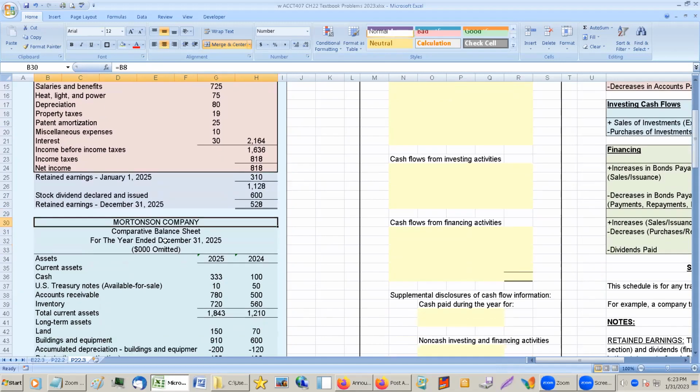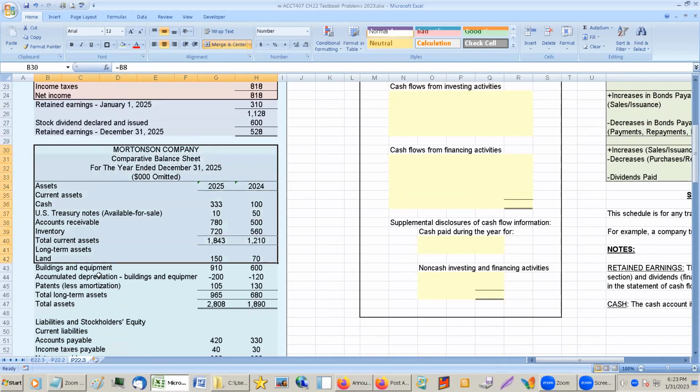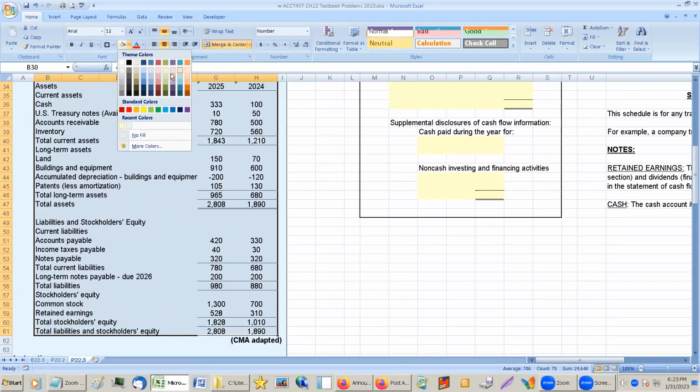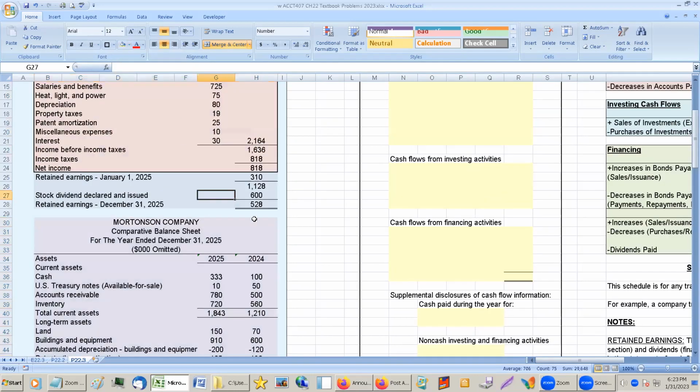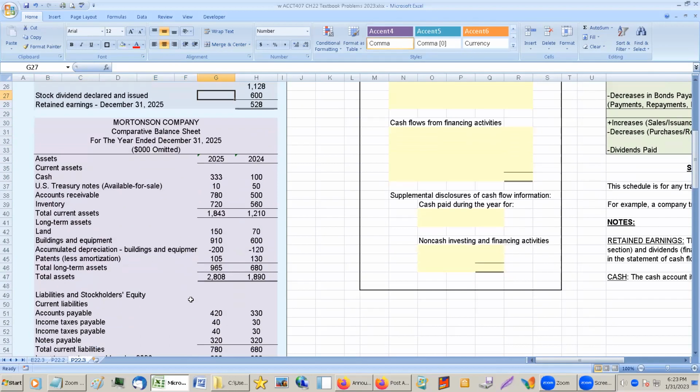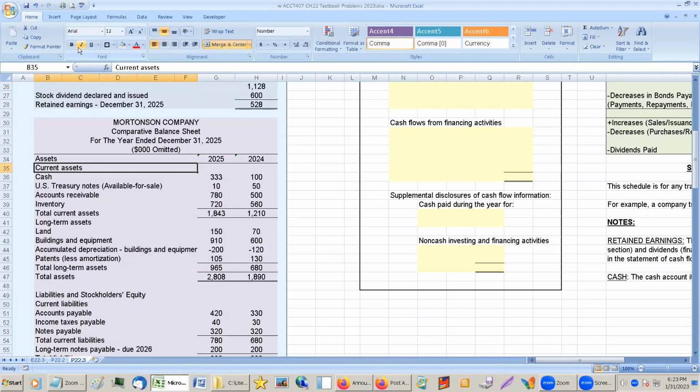Okay, so let's go down to the balance sheet here and see what we need from this. So here are the current assets.